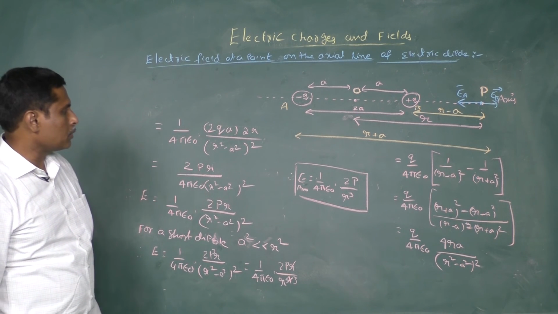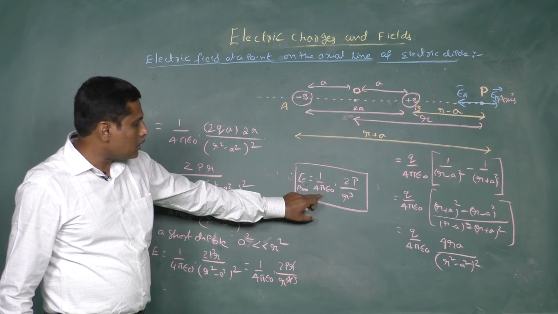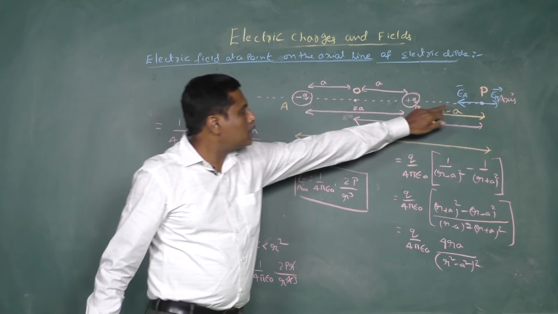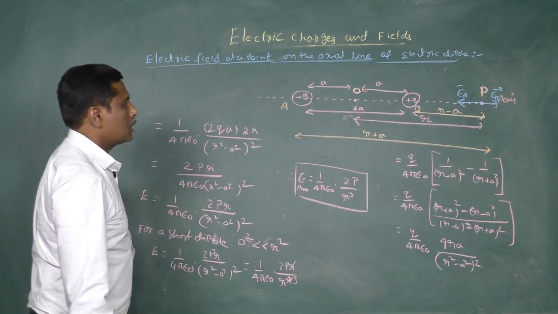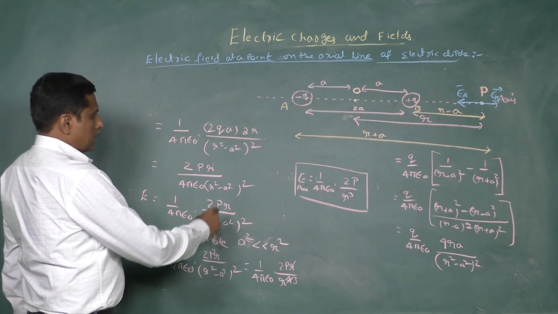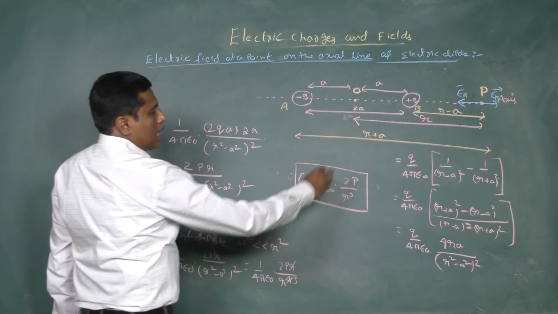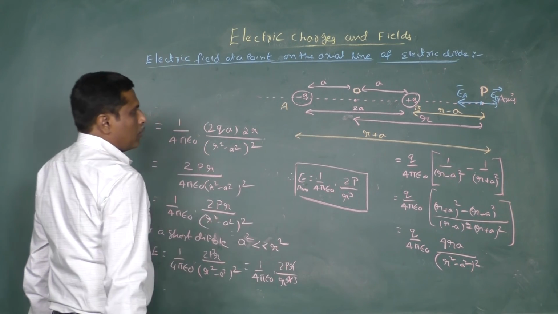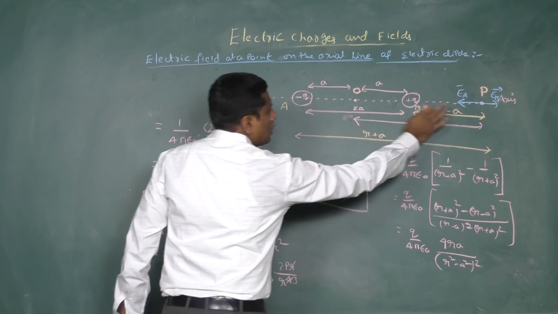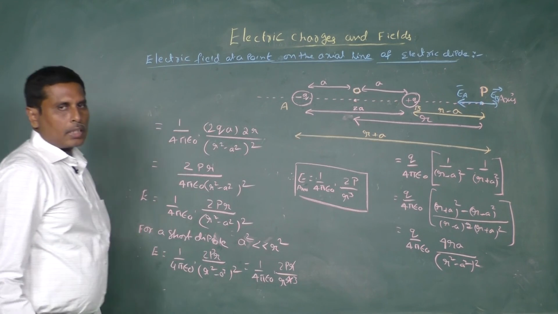Now, what is the direction of this electric field at this point? Here, as E B is greater than E A, the direction of the electric field is from negative charge to positive charge direction.